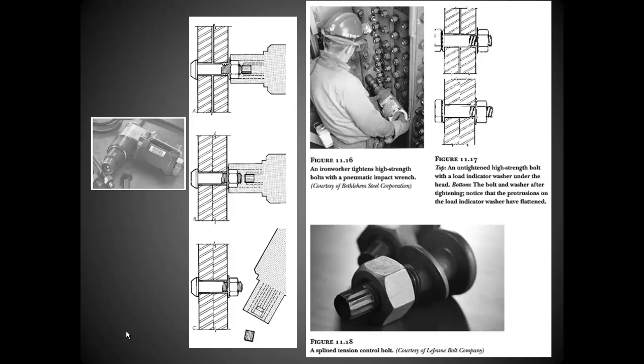And what happens with these is you would use a pneumatic wrench like this, that goes over this spline on the end, and it turns the bolt counterclockwise while it holds the nut in place. And as that turns, it will reach a certain torque or tension, and the soft metal on that spline will break off at that particular tension point, and then you just drop the end out.